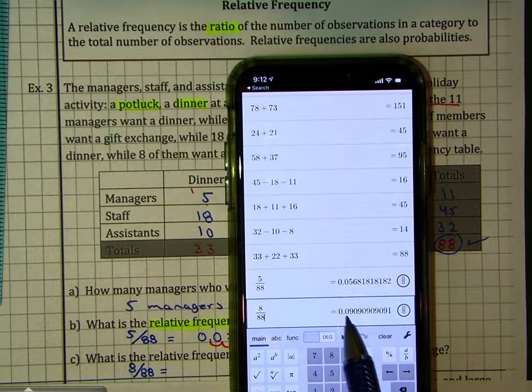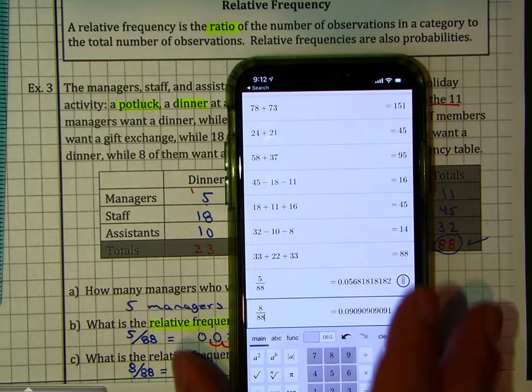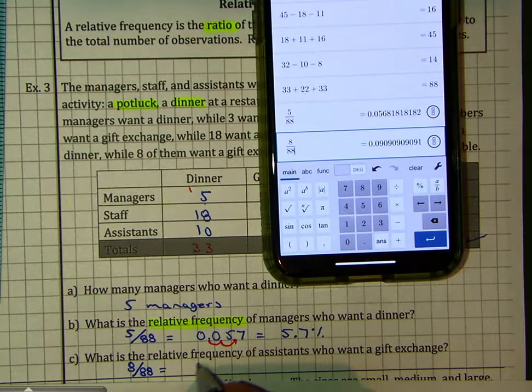So it'll be 0.091. I'm moving the decimal to the right twice. So therefore, that will be 9.1%.